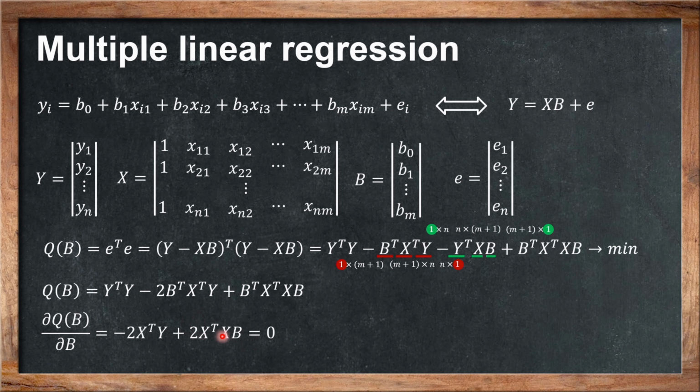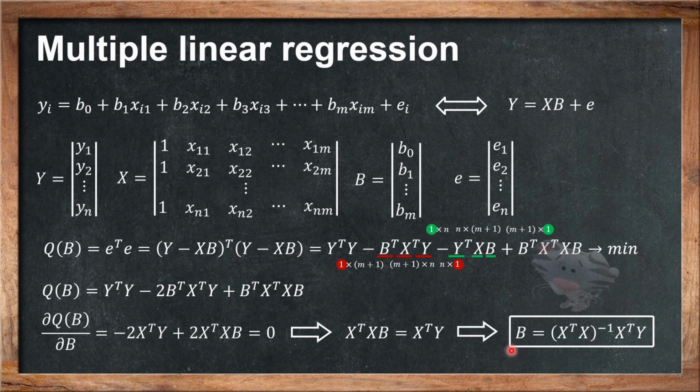And from this expression we get X transposed Xb equals X transposed y. And from this expression we get the ultimate analytical form for the parameters vector B that looks like this: X transposed X inverted times X transposed y. This is how we derive this formula from scratch and use it to compute the vector of parameters B for multiple linear regression.